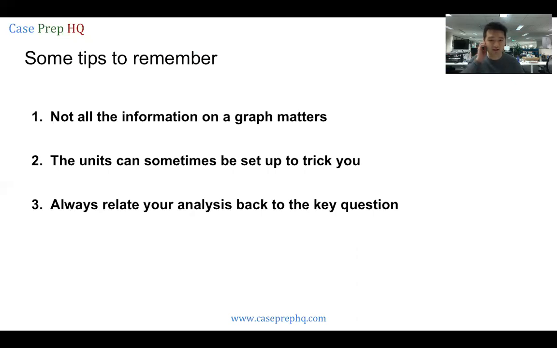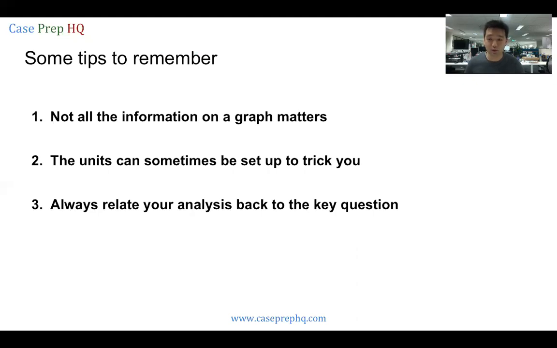And then finally, always relate the analysis that you've done back to the key question. It's all too common that I've seen candidates who are quite strong mathematically, or even quite weak mathematically, but they find some mathematical insight, latch onto that and say, yeah, I see this thing's going up by 20%. That can count in your favor, but it will commonly count against you if you can't explain why that is relevant to the key question the client has asked.